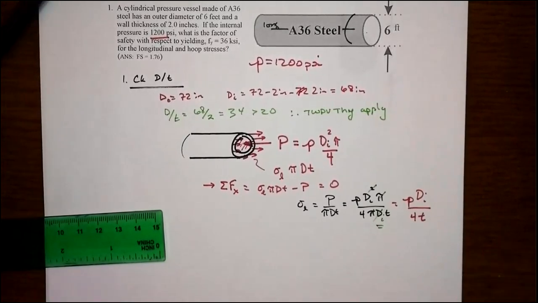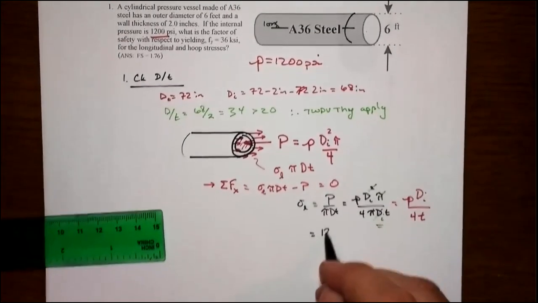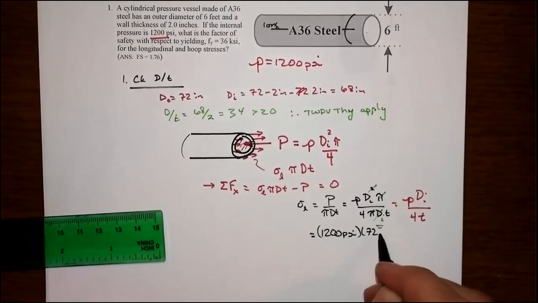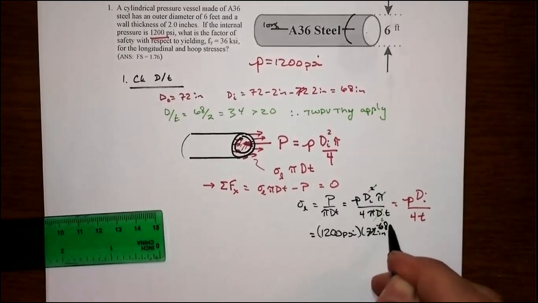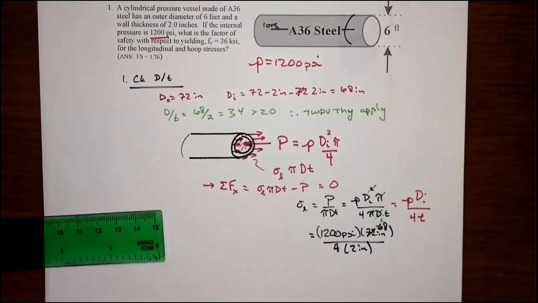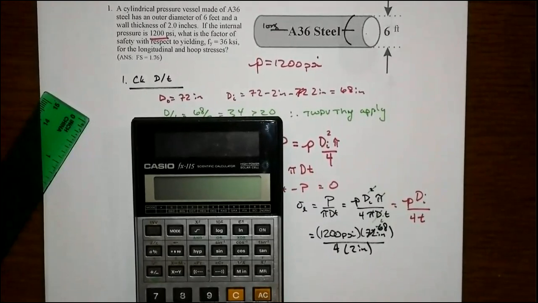And in this case, that would be 1200 psi times 72 inches. Oops, no, it's not. It's 68 inches. That's a common mistake. I actually made it on purpose just to show you what that common mistake is. You can believe me or not, but it should be the internal diameter.